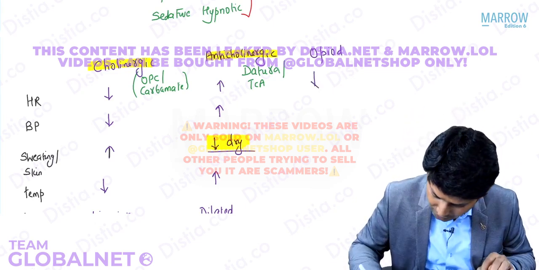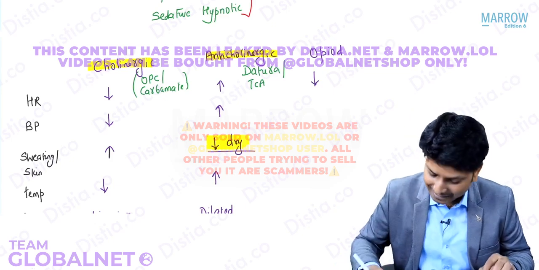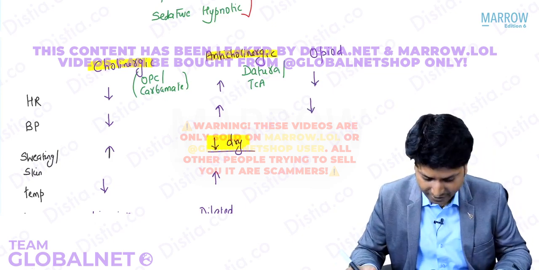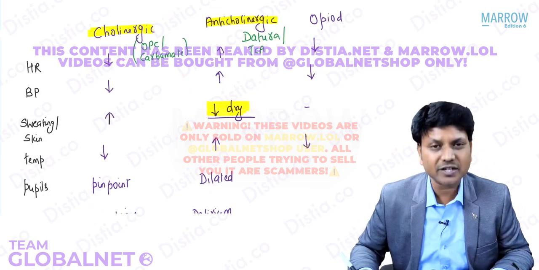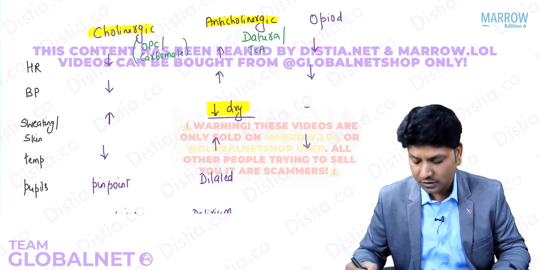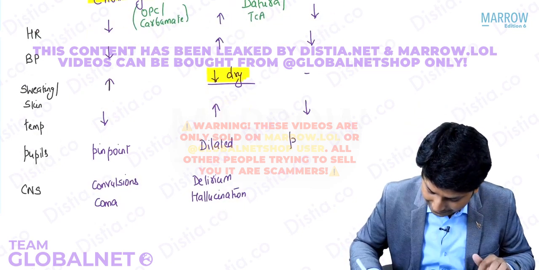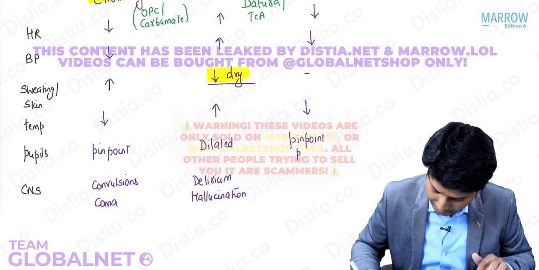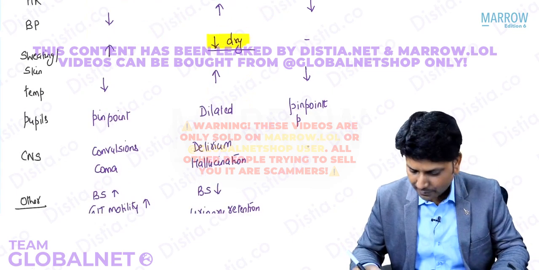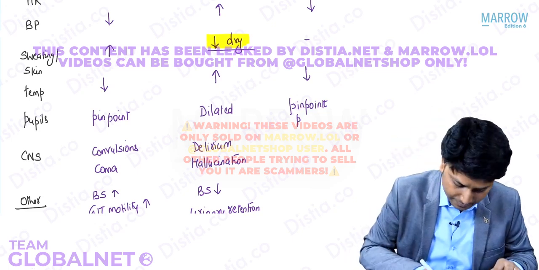Heart rate will be reduced. The blood pressure will be reduced. Secretions, not much of an effect. Temperature will be reduced. The patient will be hypothermic. The pupils will be typically pinpoint.